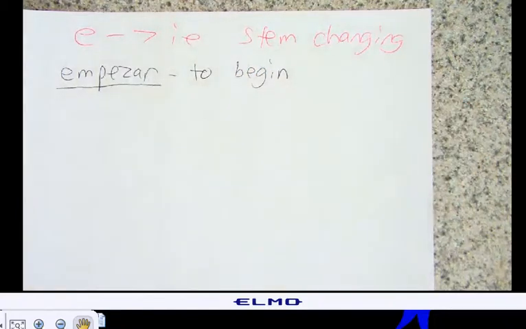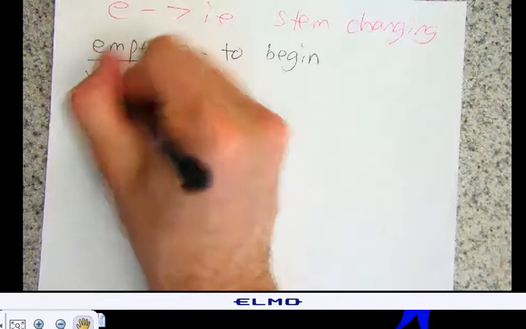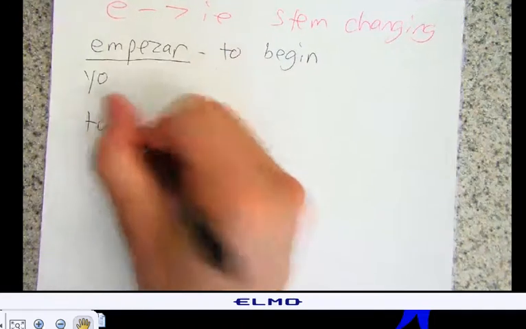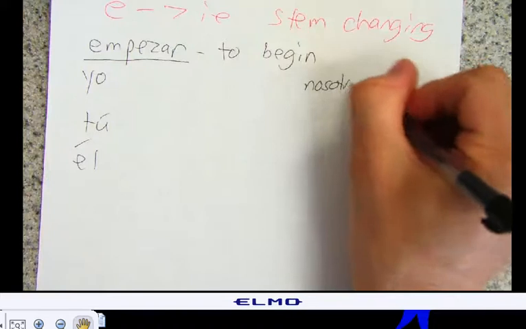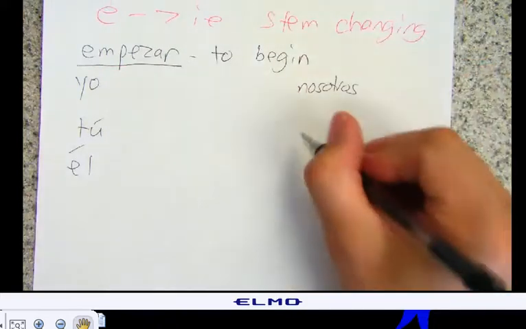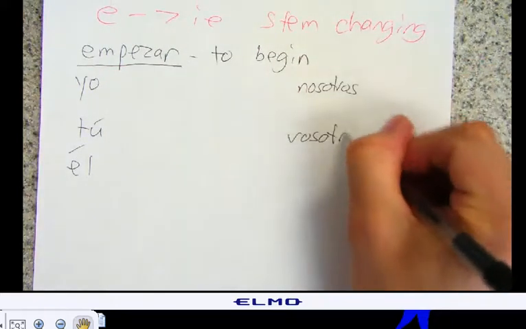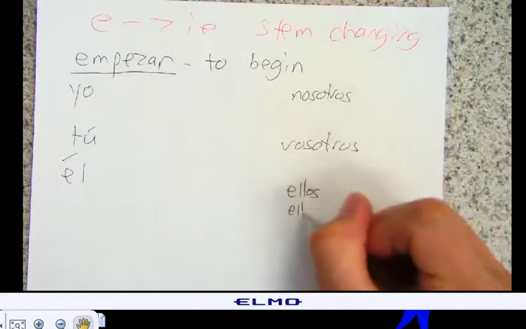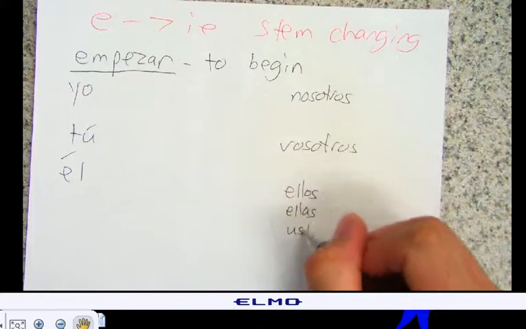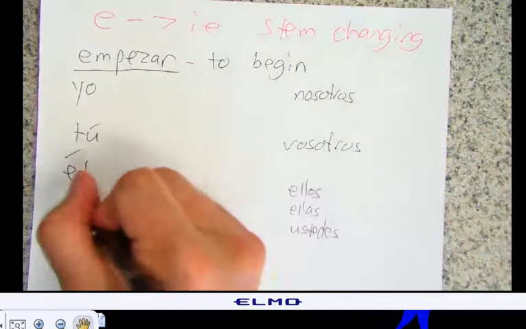That's the word begin. Okay, so yo, tú, él, nosotros, vosotros, and your ellos. Or, of course, your ellas. Or, of course, your ustedes. I probably should have put that over here also.